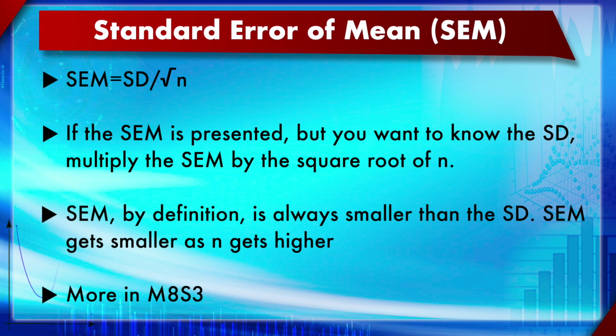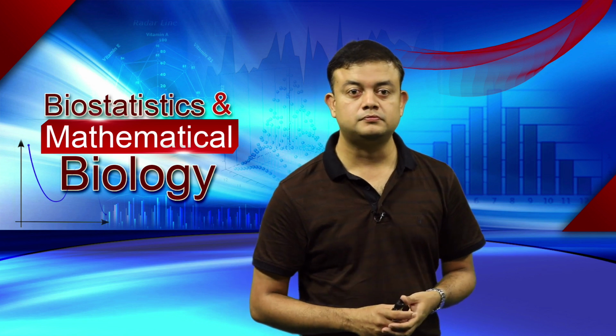If the SEM is presented but you want to know the standard deviation, multiply the SEM by the square root of n. By definition, SEM is always smaller than the standard deviation, and it gets smaller as n gets higher. That is why this measure is extremely important. I have already explained this in the 8th module of this MOOC.